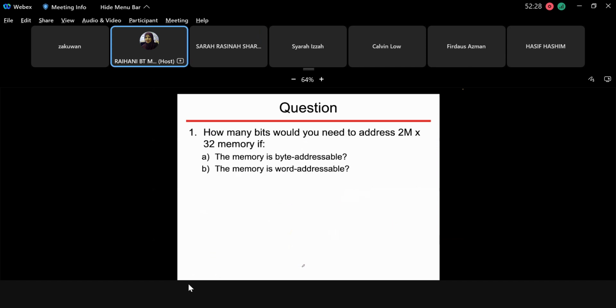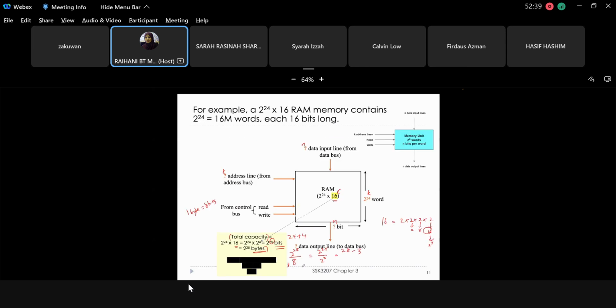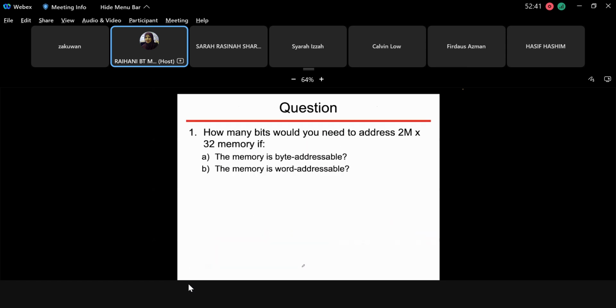Okay, so we have a question just for you to have some basic understanding on how to get the total capacity in your RAM. So this is the question. How many bits will you need to address 2 million times 32 memory if the memory is byte addressable?